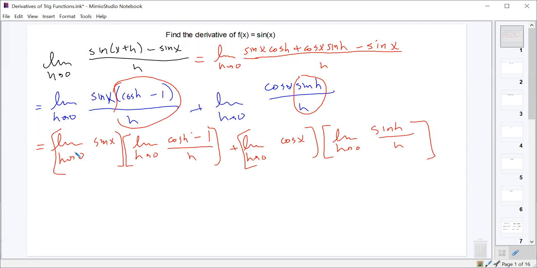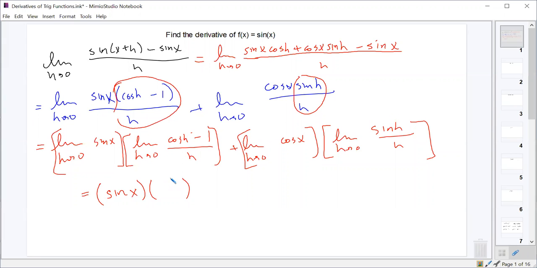What's the limit as h approaches 0 of sine x? 0. Not quite. Remember, h is approaching 0. So I replace all the h's with 0, which there aren't any, right? Oh, it's just sine x. Yeah, it's just sine x. Good. And then what about this one? Cosine h minus 1 over h as h approaches 0.